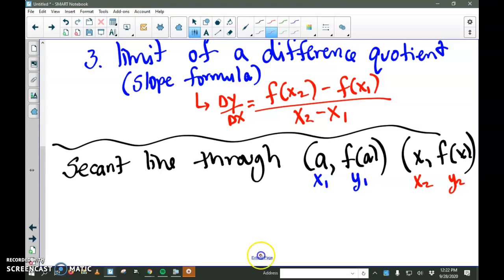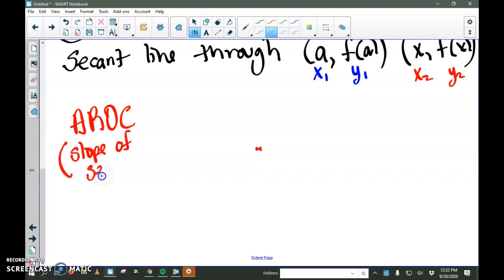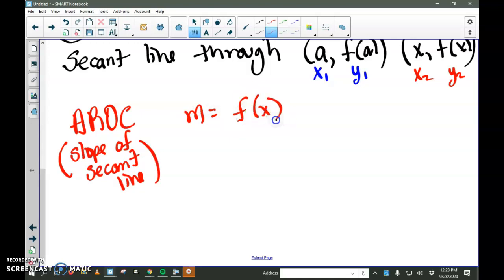Then define the slope of the secant line, or that average rate of change. I would say that that slope is equal to f of x minus f of a, change in y, divided by x minus a.